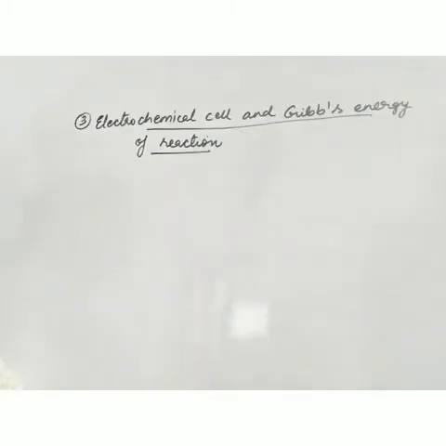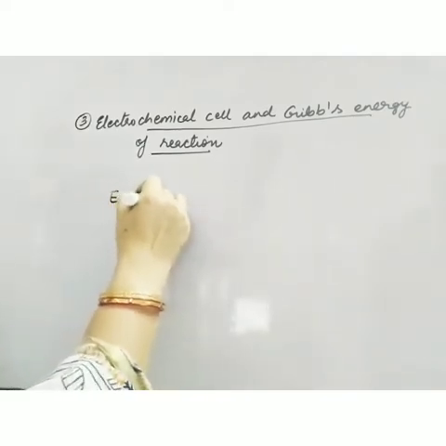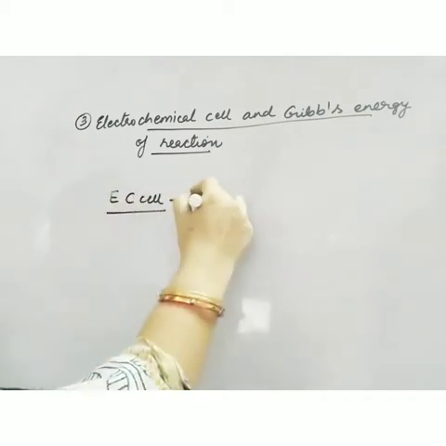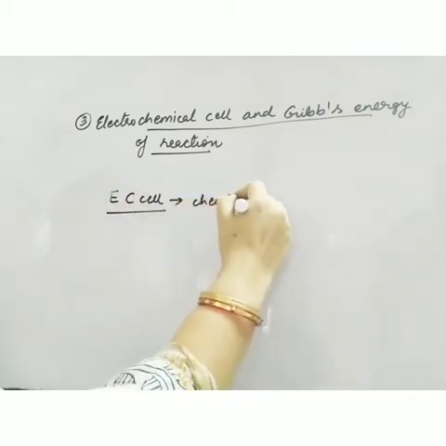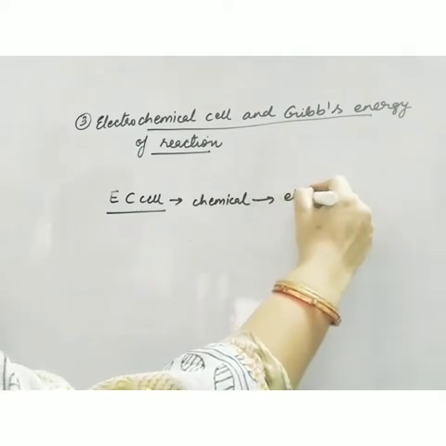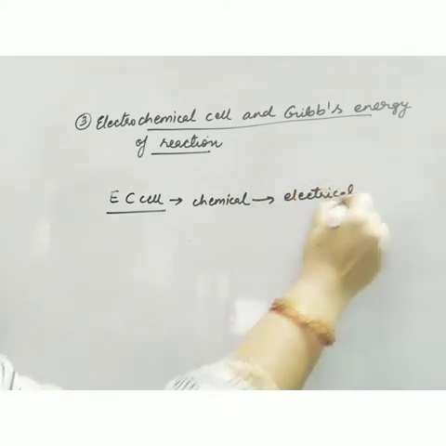Now the third application is electrochemical cell and Gibbs free energy of the reaction. With the help of electrochemical cell, we can also calculate the Gibbs energy for the reaction. Now first of all, we'll discuss what is the meaning of Gibbs energy. Now what is our electrochemical cell doing? The electrochemical cell is converting the chemical energy into electrical energy. This conversion is done.